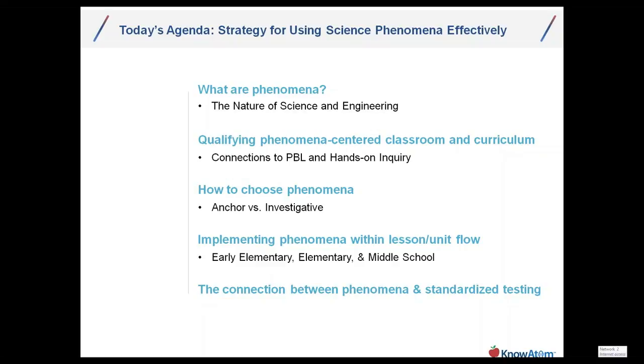So, we have this idea of a phenomena, well, where does that belong? And how is it a little bit different as you look at the tiers of early elementary, middle school, and if there's any high school folks, we can talk about high school as well. The connection between phenomena and standardized testing, and this is a key one. If you're from DC or Illinois, you've already seen this in play. You may not have recognized it as phenomena, but we're going to talk a bit about that.